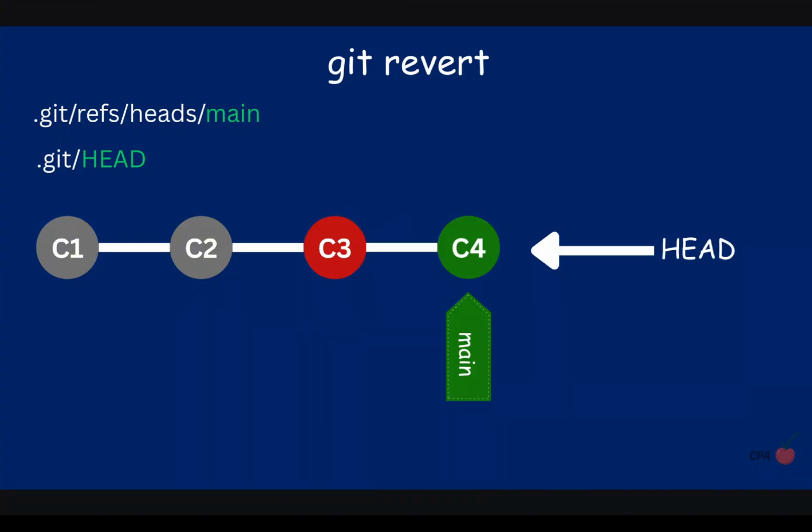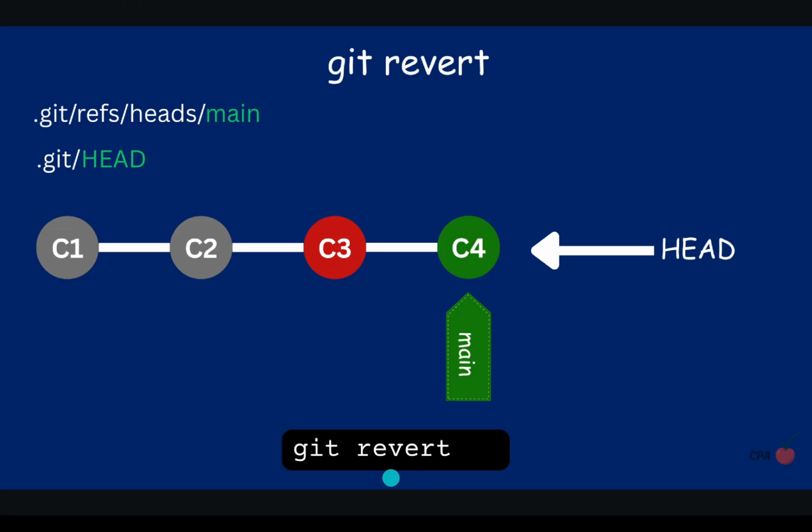Here is where git revert comes in. Basically, we want to revert back all the changes that commit 3 did without changing the history. So we will keep the history and then we will create a new commit automatically using Git that will undo whatever commit 3 did.